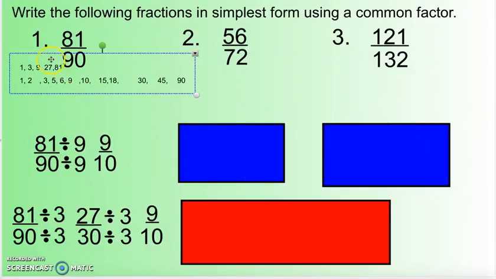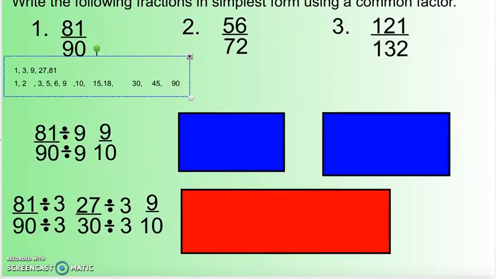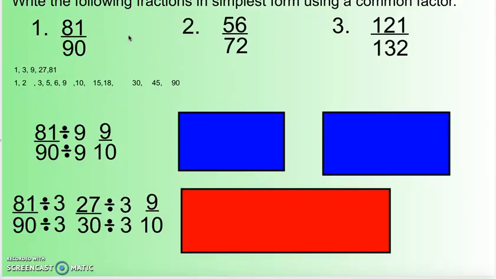Now, let's say we have 56/72. I'm going to actually give you a moment to see if you can figure out what's a number that they share. It could be the greatest number they share, which would be the best factor to choose, or you can choose a smaller one that they share.